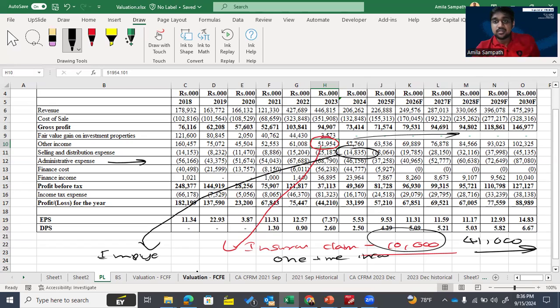Then when we forecast our future financial statements, we need to eliminate that employee compensation, and without considering it, we forecast our future administration expense.